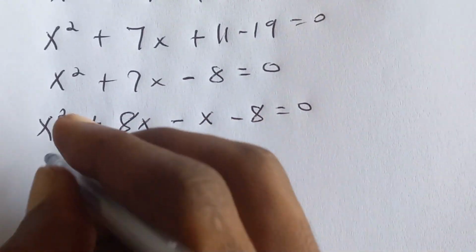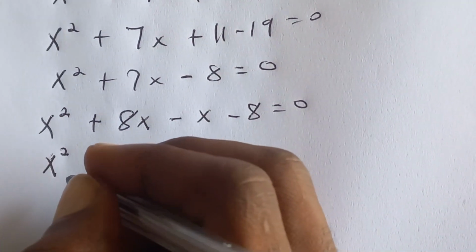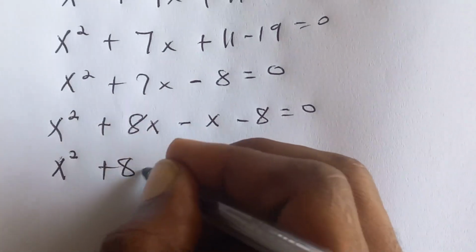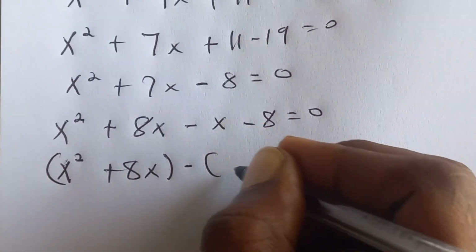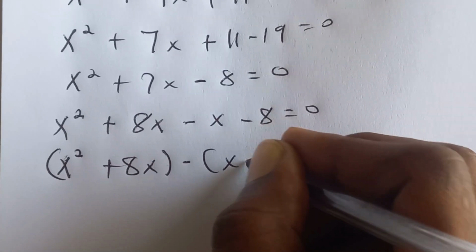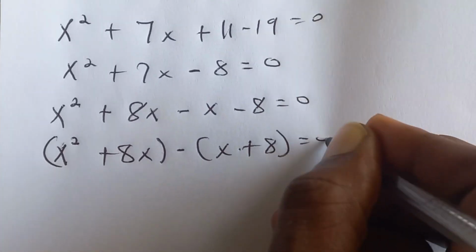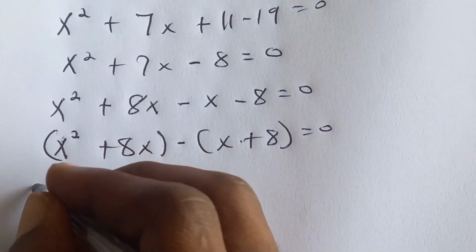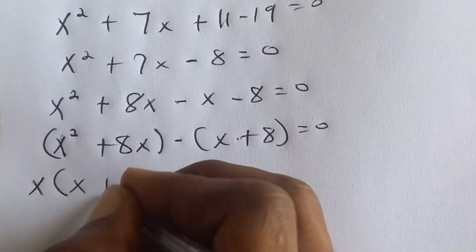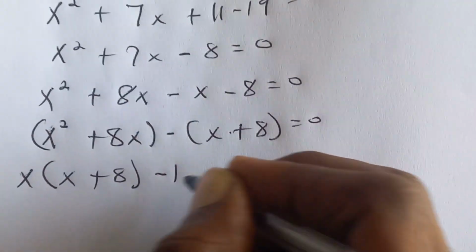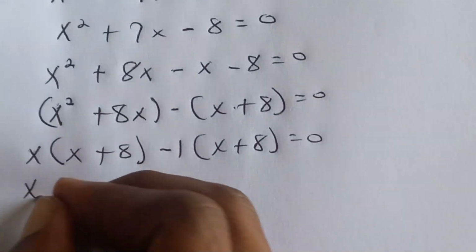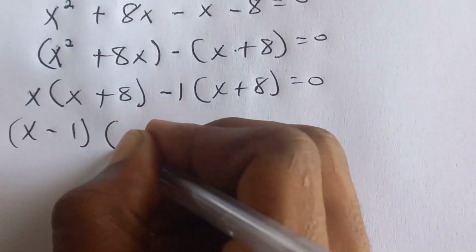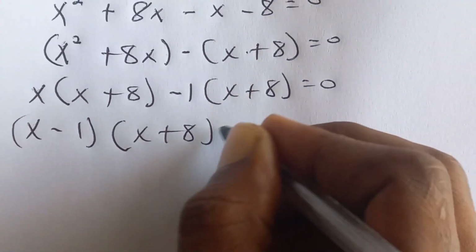So with this, we can say x squared plus 8x minus x minus 8 is equal to 0. So here we have x out, x plus 8 minus 1, x plus 8 is equal to 0. We have x minus 1, x plus 8 is equal to 0.